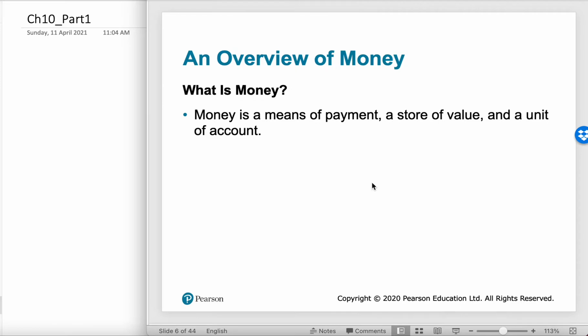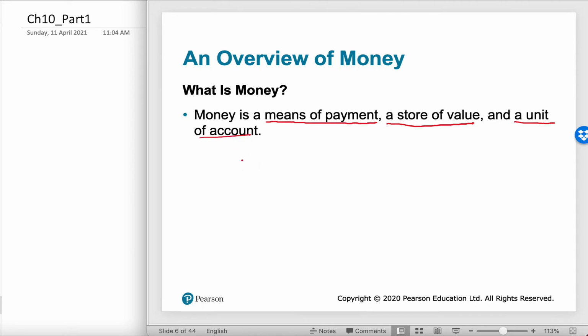So for doing that, we are starting from the definition of the money. So what is the money? This is a very generic definition. Money is a means of payment, a store of value, a unit of account.